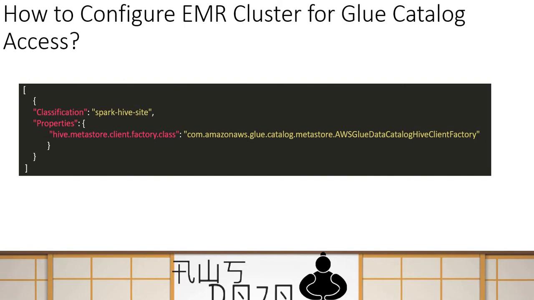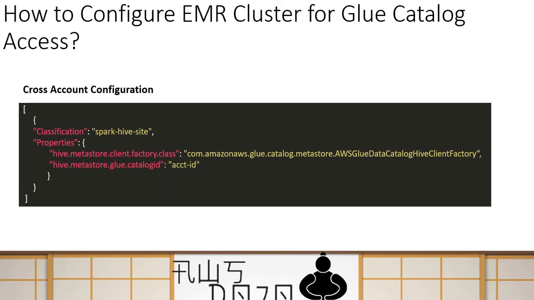So if your EMR cluster and Glue Catalog are both in the same account, you go for this type of configuration. But if they are in different accounts, then you can also set up a cross-account configuration. The only thing in that case is that you have to also provide the account ID of the account where your Glue Catalog is in place.